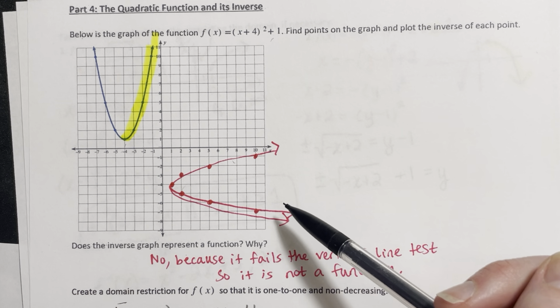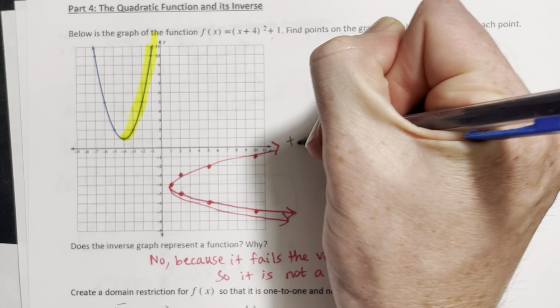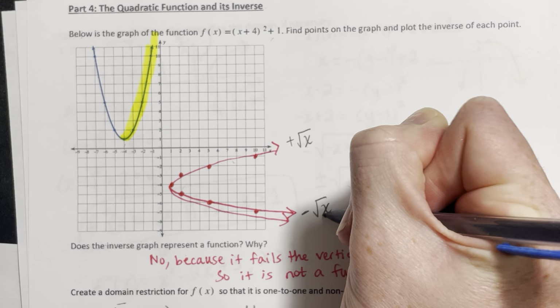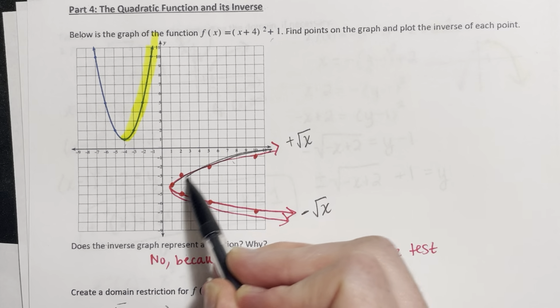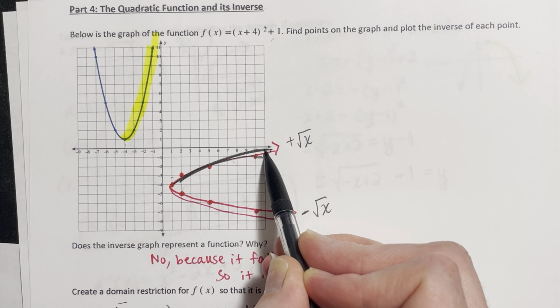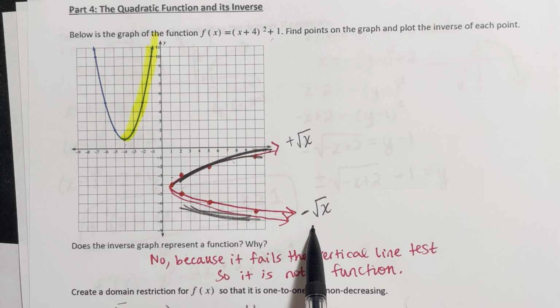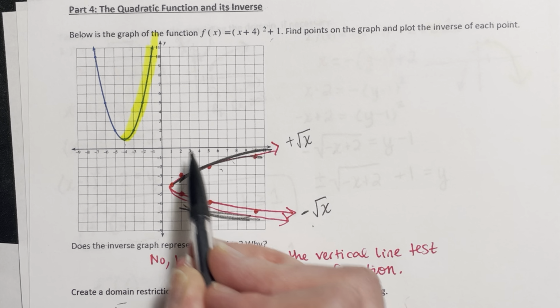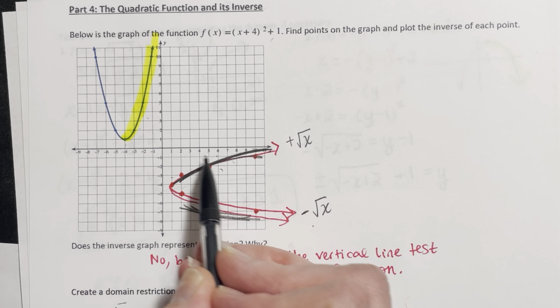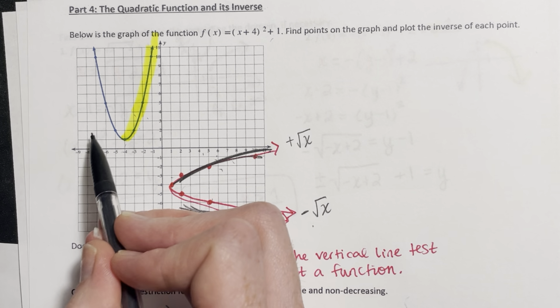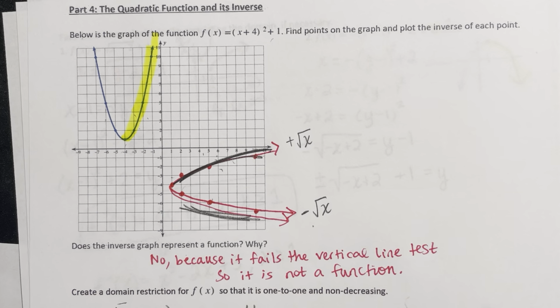And that's two different square roots. This is a positive square root of x, and this is a negative square root of x. So the top half represents a positive square root. The bottom half represents a negative square root. The top half was the inverse of the right side of a parabola, and the bottom half was the inverse of a left side of a parabola.